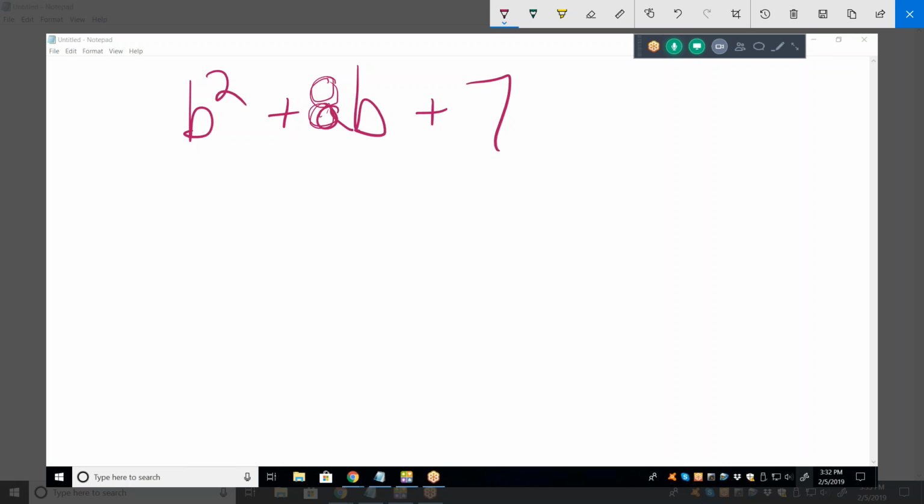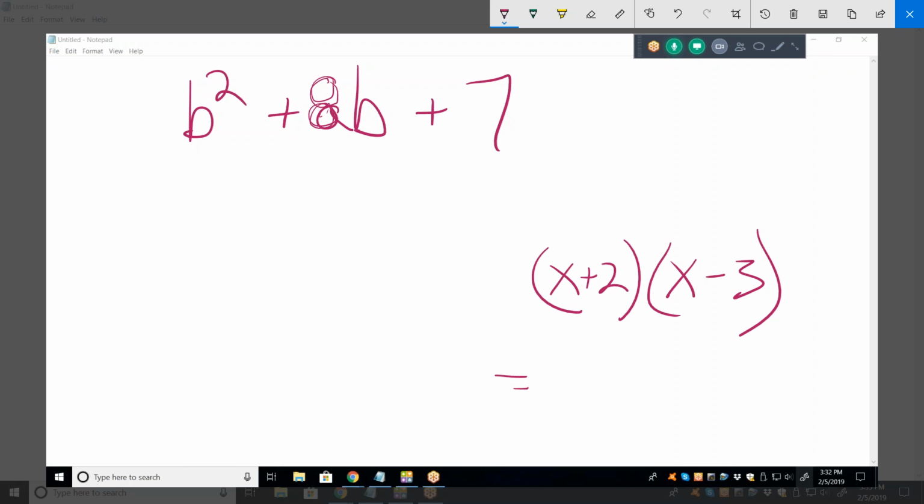In other words, if we go down here and we say, what is x plus 2 times x minus 3? Multiply those two for me. Just read the next line. All right. So it'd be x squared minus 6. Hold on.